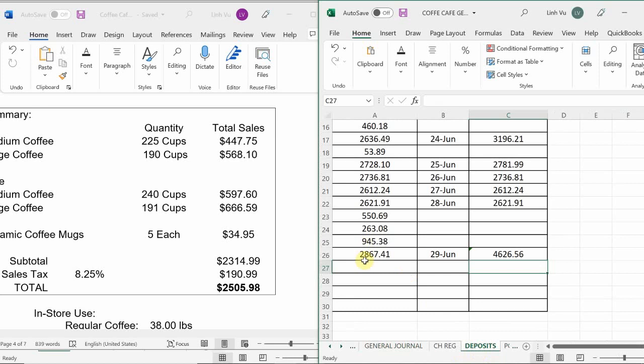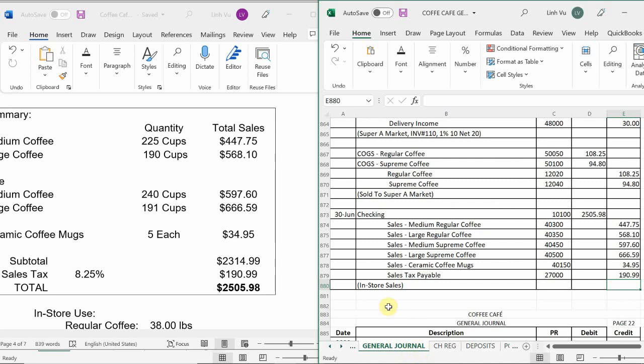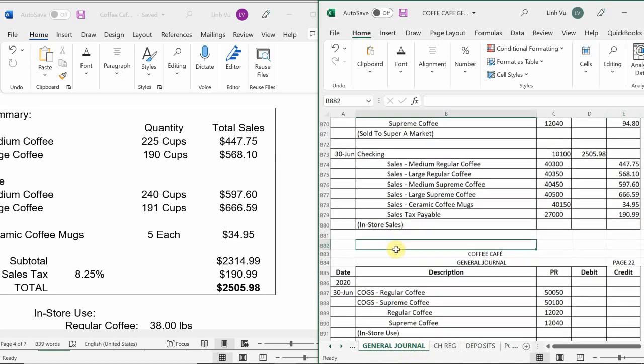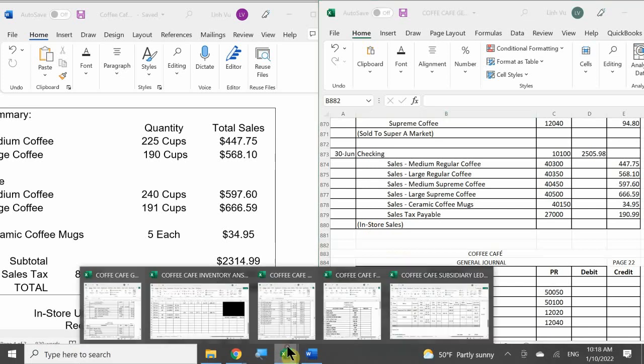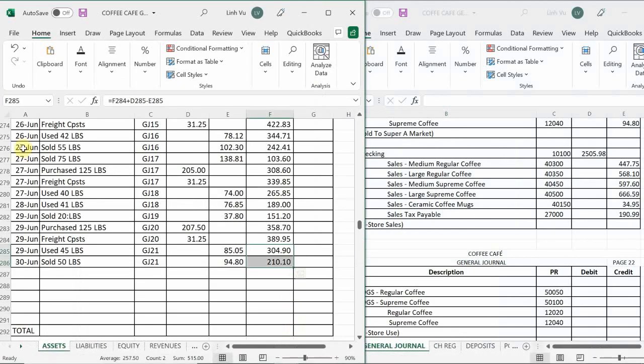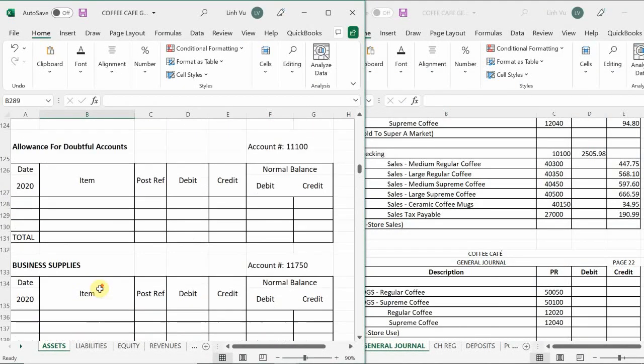So I'm going to deposit the money first for the 2505.98. Okay. So let's go ahead and enter everything into our ledger. Okay, starting with checking.